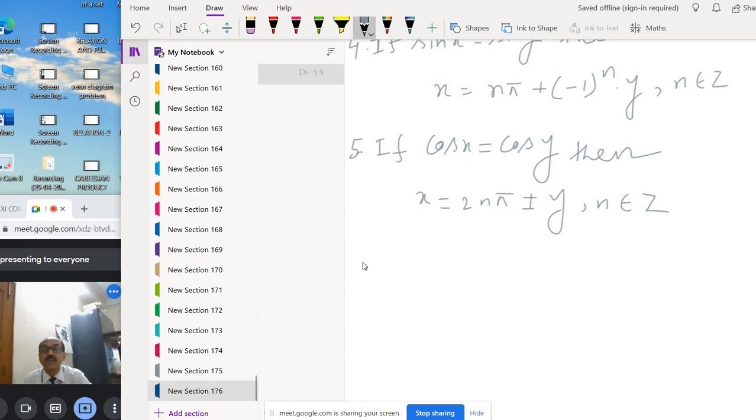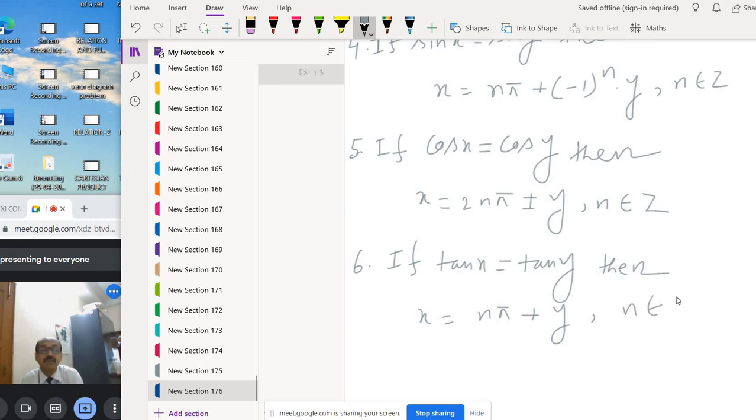One more, tan. So if tan x equal to tan y, then x equal to n pi plus y, where n belongs to Z. Okay.